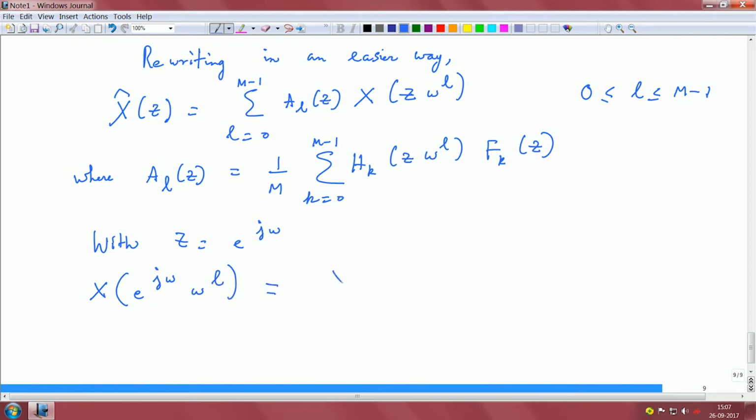This is basically a shifted version of the spectrum, which is a translated version of the base spectrum at points 2 pi L upon m. So, L equals 0, 1, 2, 3, so on till m minus 1, you plug this thing here and you get the translations of the spectrum that are uniformly shifted.